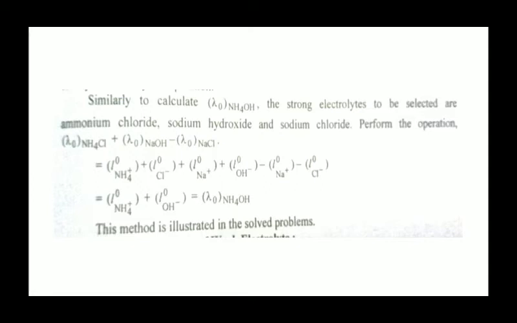Now substituting the cations and anions, it becomes λ0 NH4+, λ0 Cl minus, plus λ0 Na+, λ0 OH minus, minus λ0 Na+, minus λ0 Cl minus. So here Cl gets cancelled, Na gets cancelled. In the end we have λ0 NH4+ and λ0 OH minus. This method is illustrated in a solved problem.